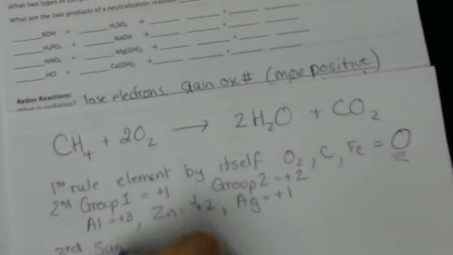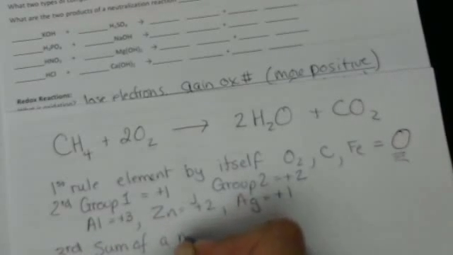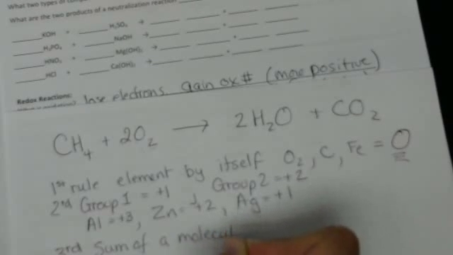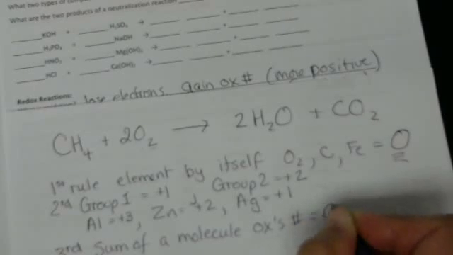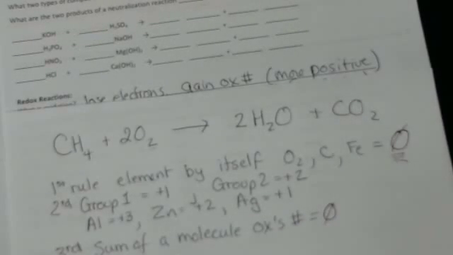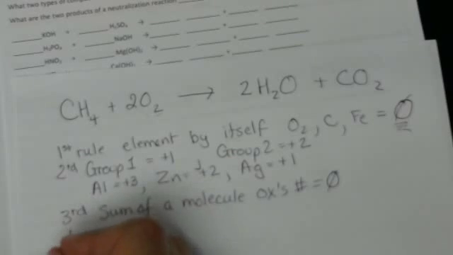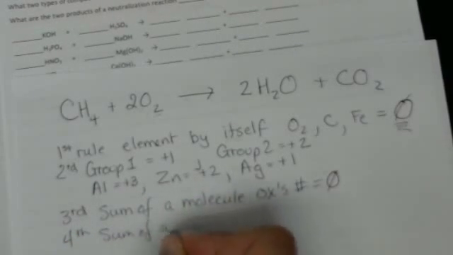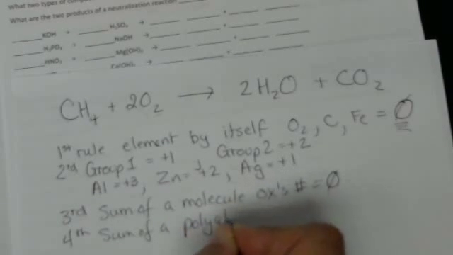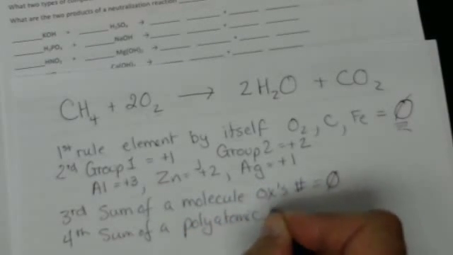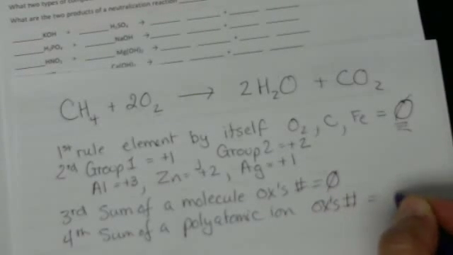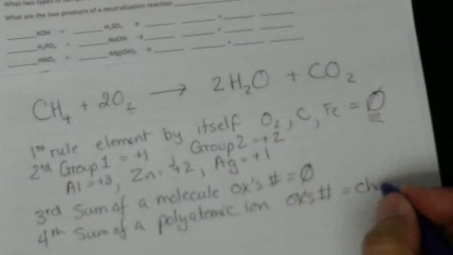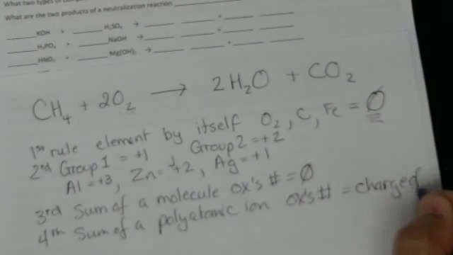The sum of a molecule's ox numbers equals 0. Fourth rule, the sum of a polyatomic ion's ox numbers equals the charge of the ion.